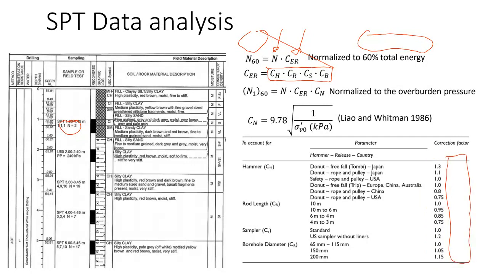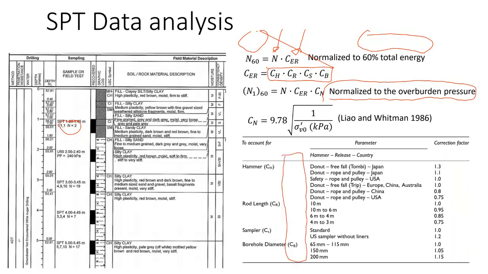Another thing that was highlighted from engineering experience is that this test also depends on the depth at which it was conducted. When you conduct it right on the surface, these numbers will be slightly different compared to, let's say, conducting it 10 meters down. So they also came up with another normalization factor, which is called overburden pressure.